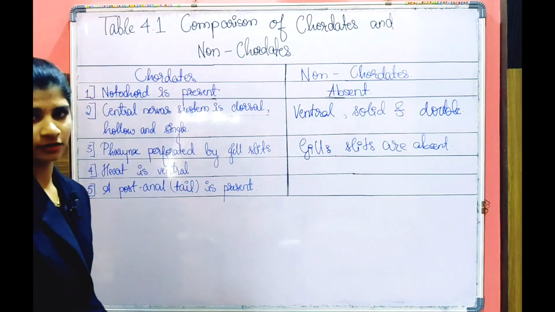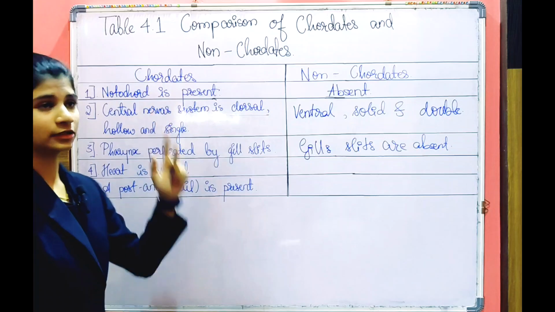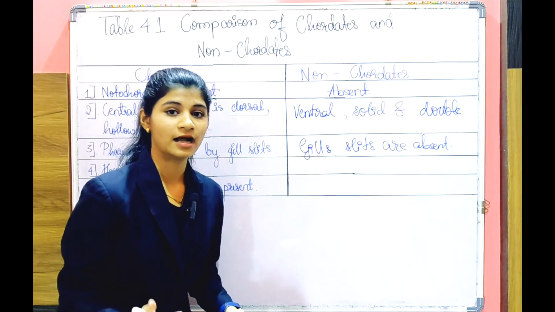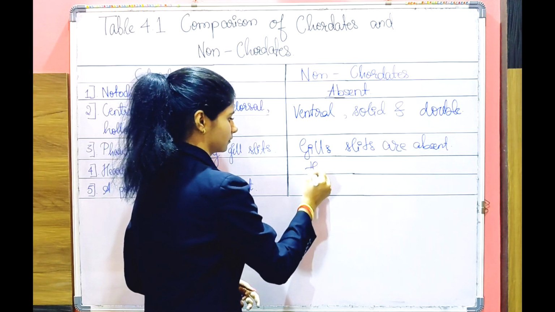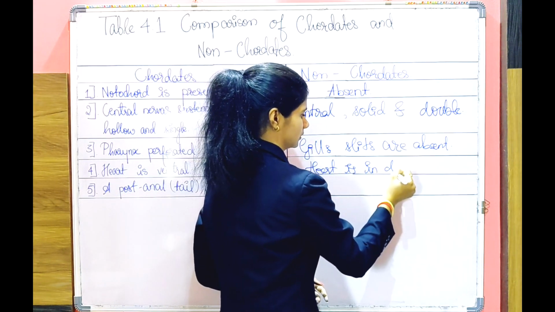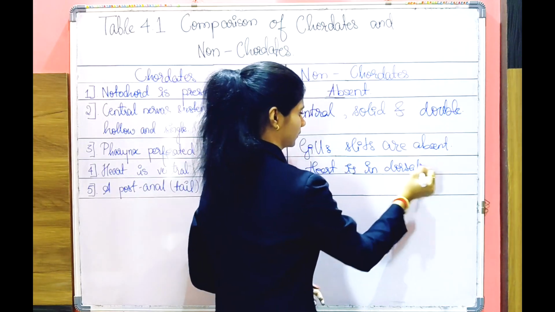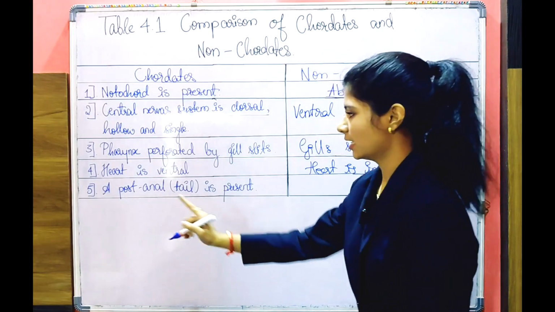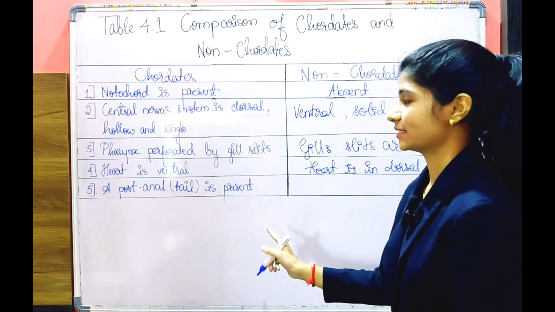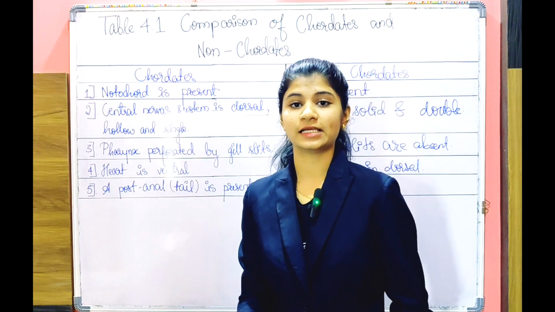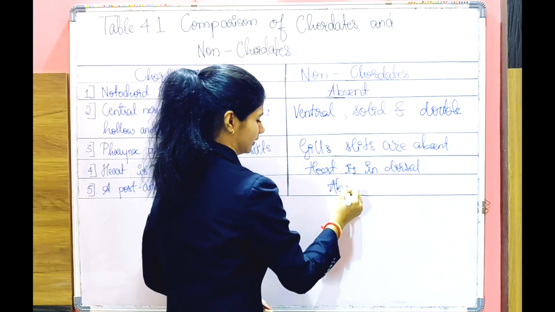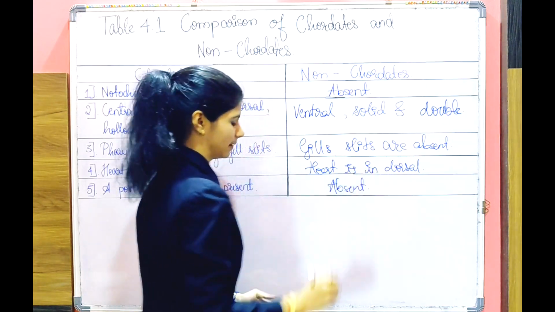Then heart is ventral. If the heart is ventral in chordates, then how will it be in non-chordates? Obviously the heart will be dorsal. Now the last point: the post-anal tail is present in chordates, so obviously it will be absent in non-chordates. So I will write directly: the post-anal tail is absent.